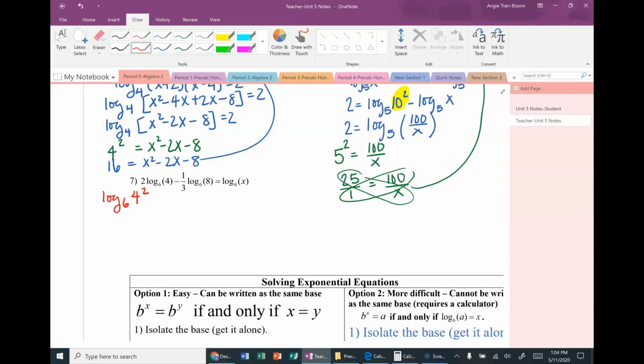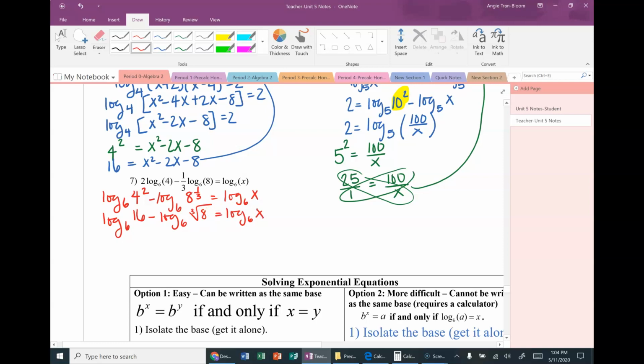Same thing with the 1/3 minus log base 6 of 8 to the 1/3 equals log base 6 of x. So now this is going to be log base 6 of 16 minus log base 6 of the 3rd root of 8 equals to log base 6 of x.